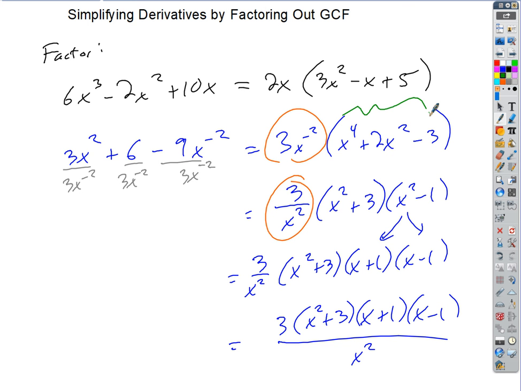So 3x squared divided by my GCF, you told me was x to the 4th, 6 divided by my GCF, you told me was 2x squared, and negative 9x to the minus 2 divided by my GCF was negative 3. So I just divide by the GCF to find out what's left behind, right?